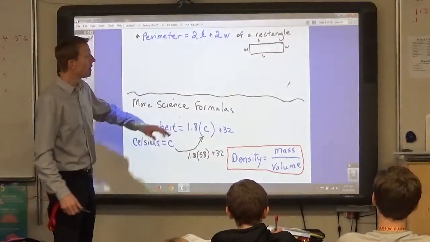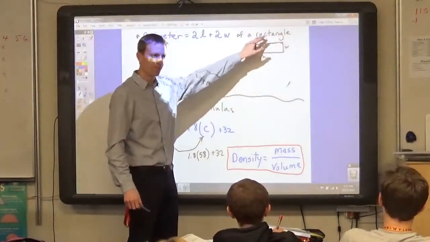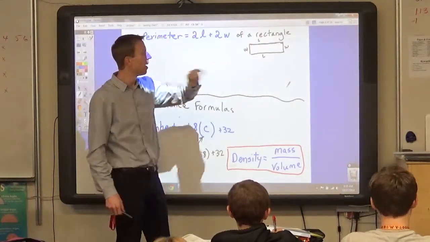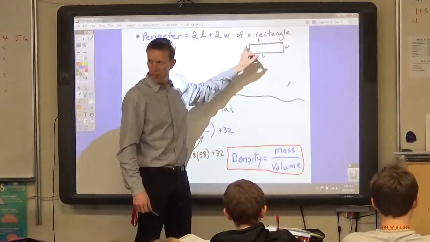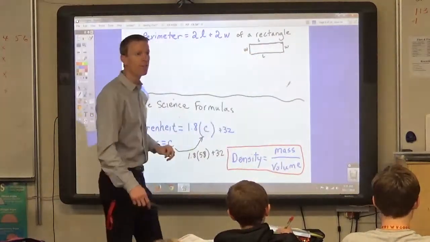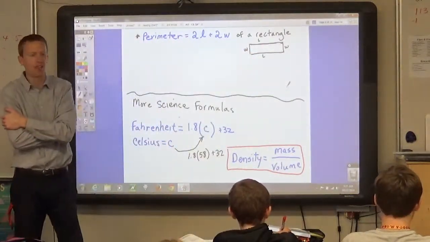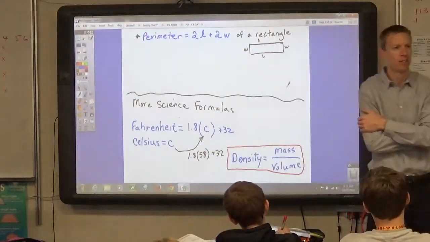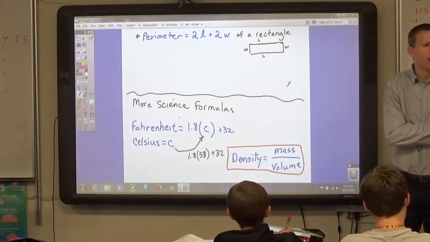Then, how many lengths are there? 2 lengths. Right? And 2 widths. How do we find the perimeter of a figure? Of any figure. Generally.